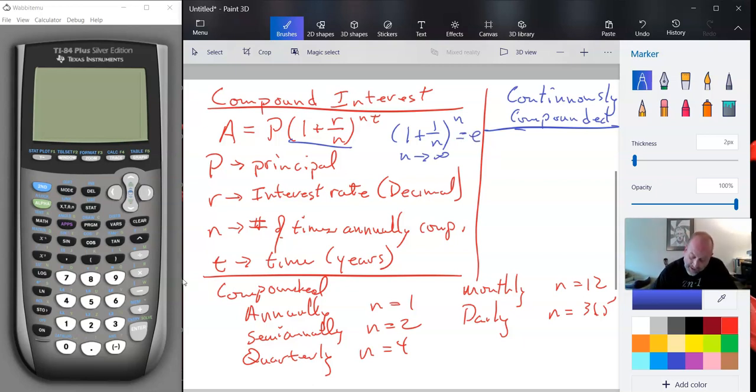This is our E, and it turns out that when the number of times that we're compounding goes to infinity, it completely changes the formula to A is equal to P times E to the RT, where R is your interest rate and P is still your principal. But it collapsed all that other complicated stuff down and put it into this real nice equation, the PERT equation, I guess some people call it.